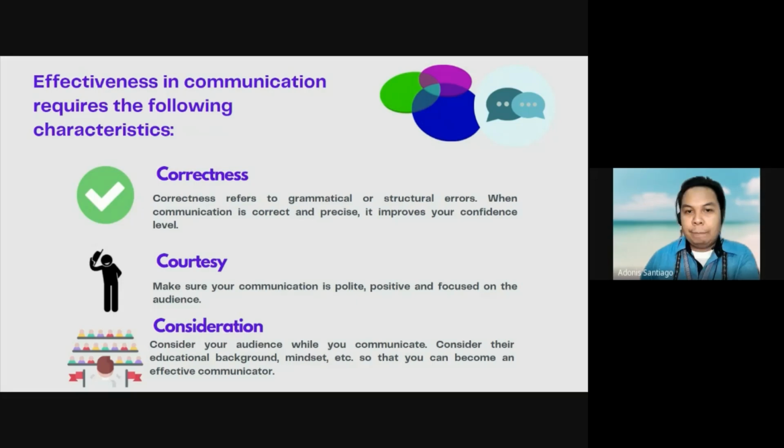Then we also have courtesy. Make sure that your communication is as polite as possible, positive, and focused on the audience. So we have speakers who tend to be barbaric, right? Specifically those who are in power.